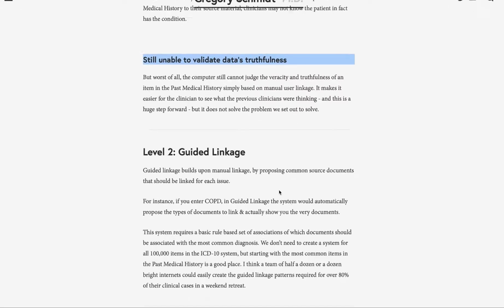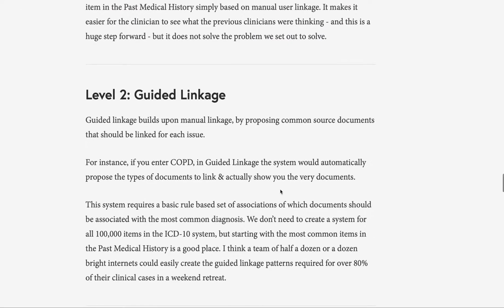Level 2 uses something called guided linkage. In this case, when you enter an issue into the past medical history, the system prompts for what would be the typical documents which one would link to this. If those documents exist in the system, it would then essentially ask the clinician to auto-link those documents to the issue.